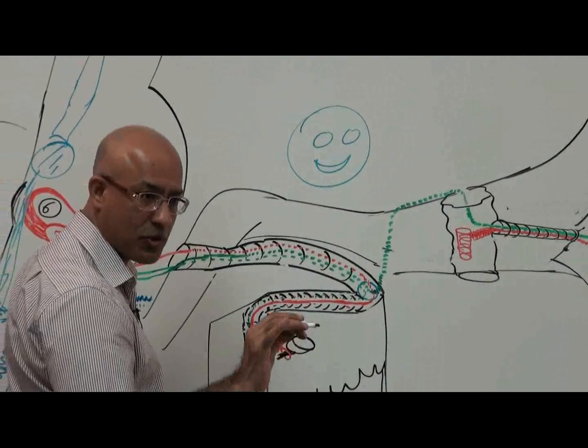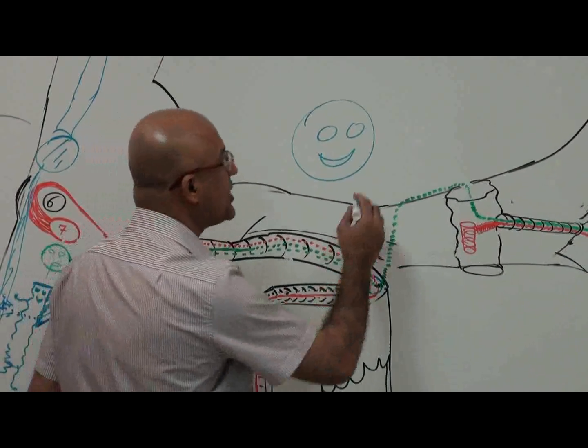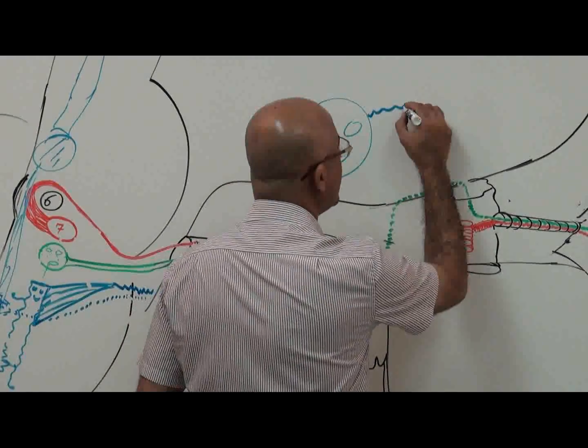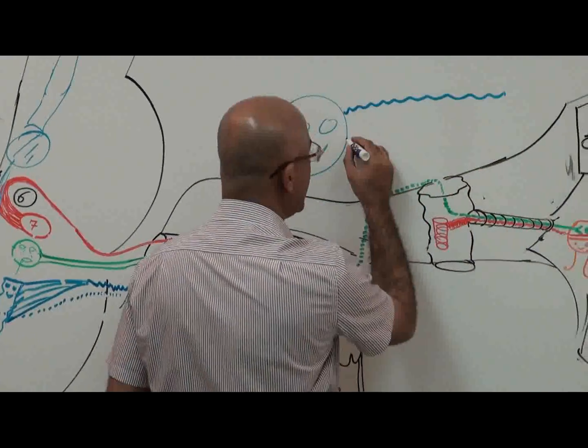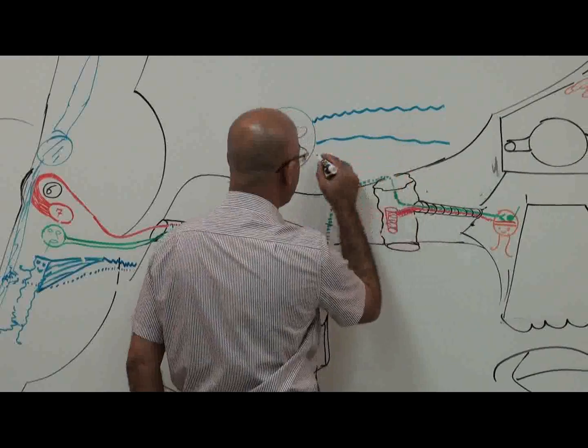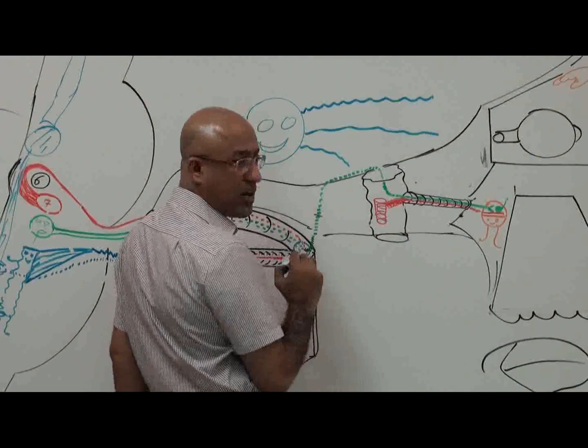The trigeminal ganglion. You have heard of the trigeminal ganglion, which has an ophthalmic division, a maxillary division, and a mandibular division.